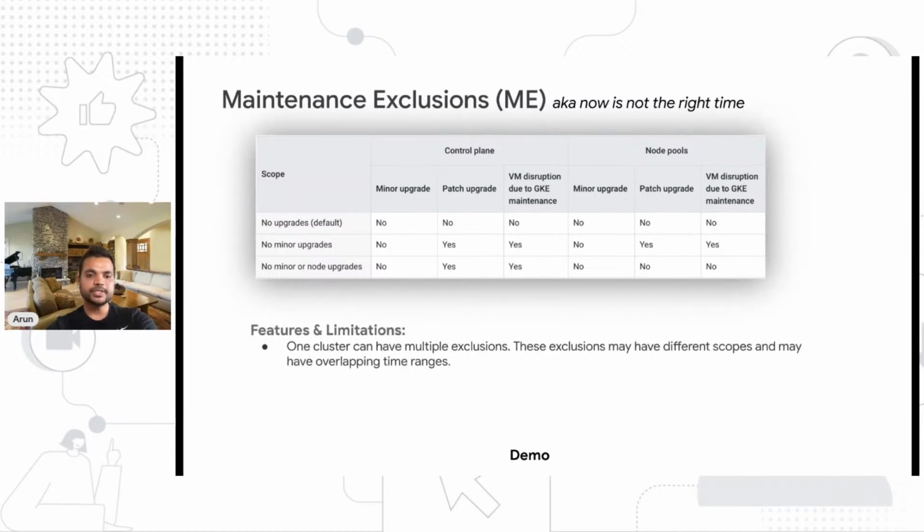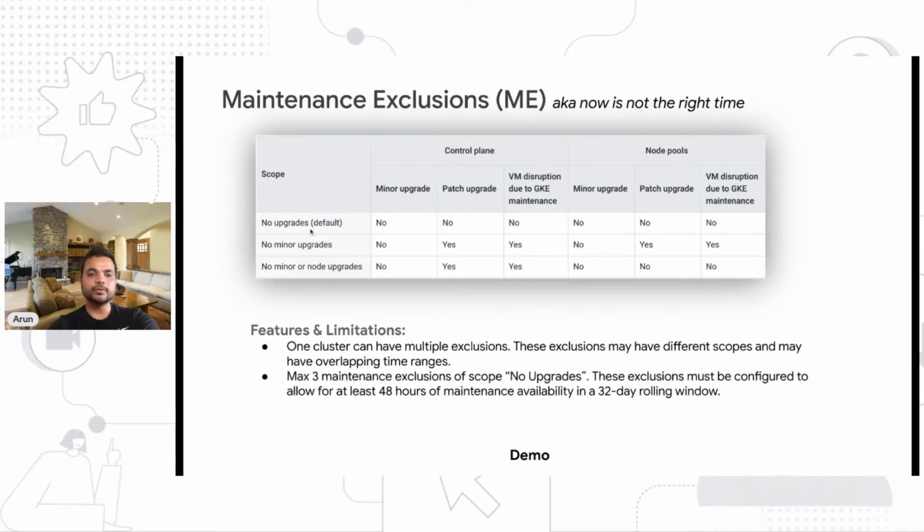So features and limitations: one cluster can have multiple exclusions. So you can have no upgrade, minor, all three at the same time. And if one expires, GKE will honor the next one.